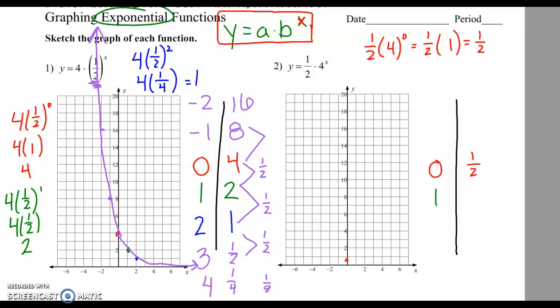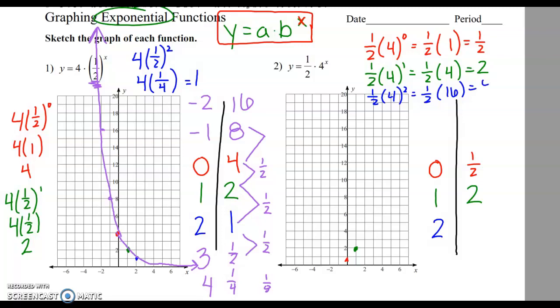If I plug in 1, I'm looking at 1/2 times 4 to the first. Well, 4 to the first is 4, half of 4 is 2. So when I plug in 1, I get out 2. If I go on to plug in 2, I'm looking at 1/2 times 4 squared. Well, 4 squared is 16, so half of 16 is 8. So I've got the point (2, 8).